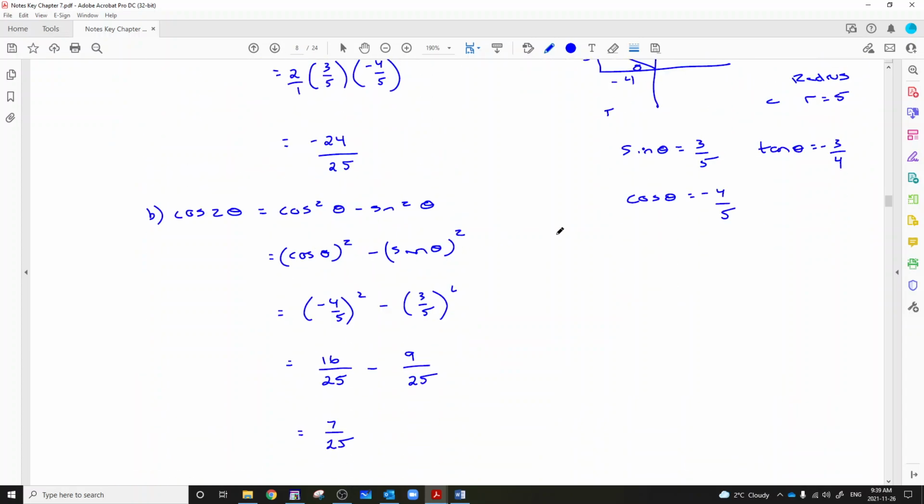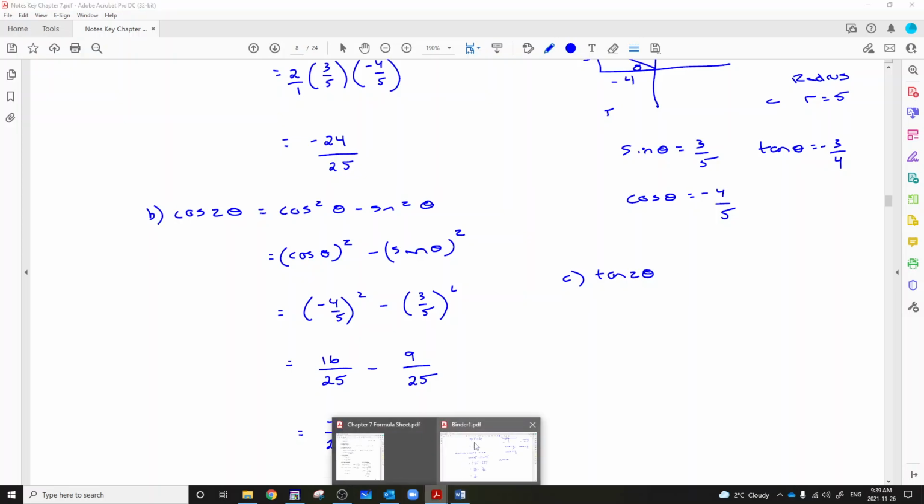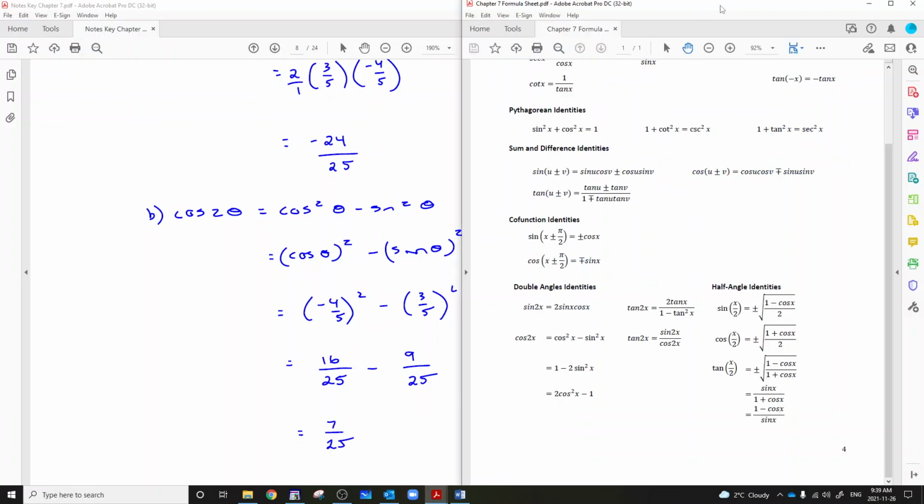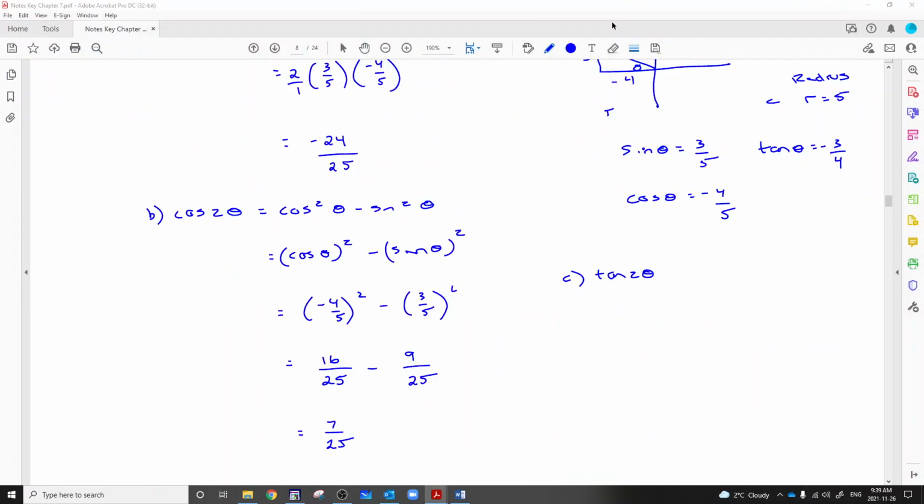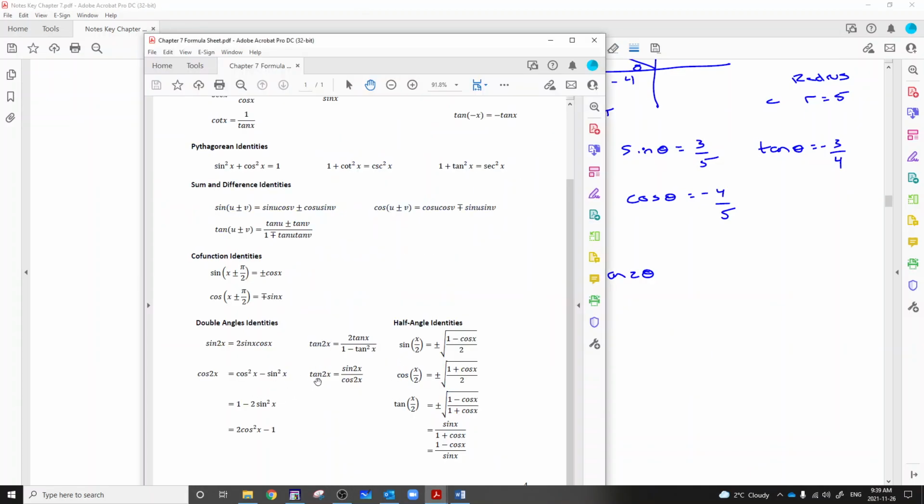So I'm going to do that over here. So the tan of 2 theta. Now again, we have two options for this, and I by no means have these memorized, so I've got to bring up my formula sheet. Option number one is that tan 2 theta is equal to 2 tan theta over 1 minus tan squared theta.